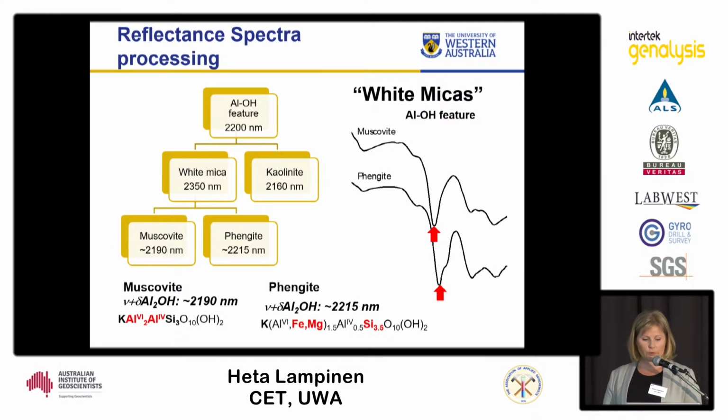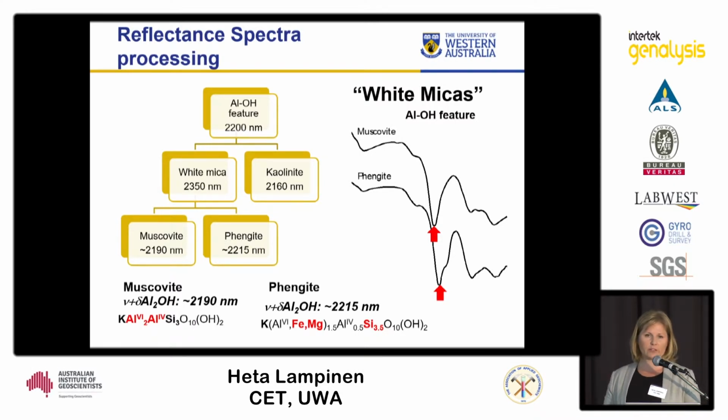So first I was using the already mentioned aluminum OH group feature for separating all white micas and kaolinites from other spectra, which was then divided into kaolinite and white mica patches.